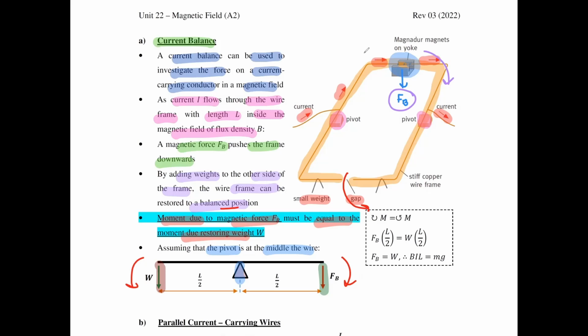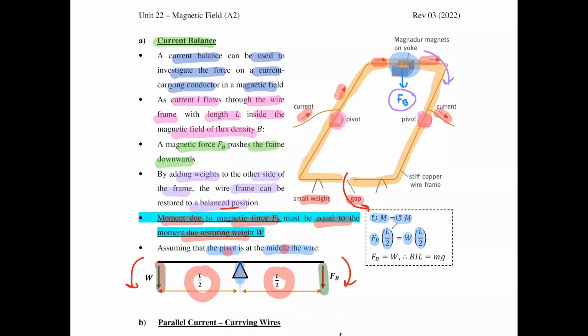So right now, if the weights are restoring balance to your wire frame, you could say that your clockwise moment equals your counterclockwise moment, which is now FB times L over 2 equals W times L over 2. The perpendicular distances are the same here because your pivot is in the middle of the wire. So this one is L over 2 and this one is L over 2.